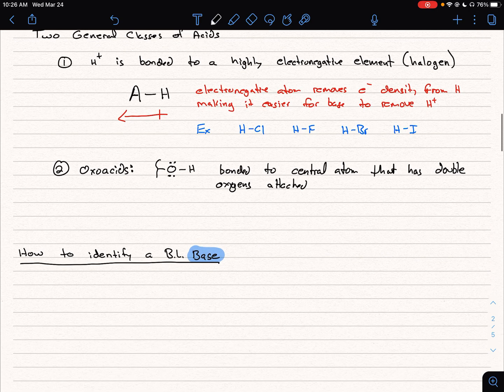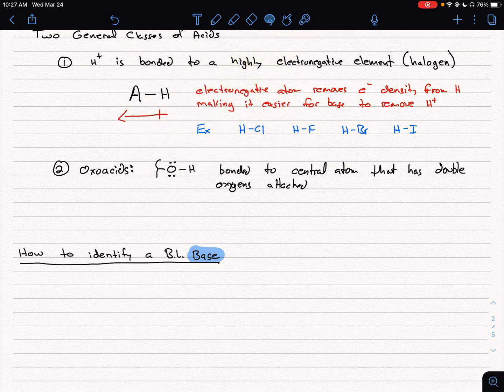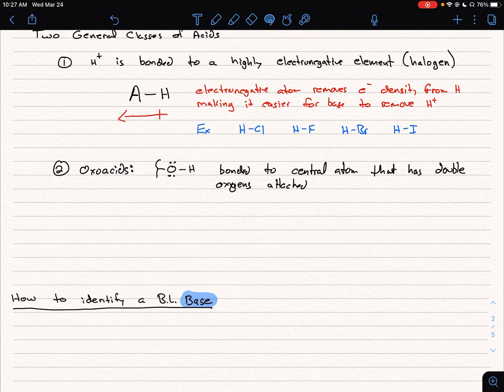So what do we mean by that? If we draw some structures here to get our point across, we might think about a molecule C double bond O, O, H. And in this case, we can draw acetic acid.